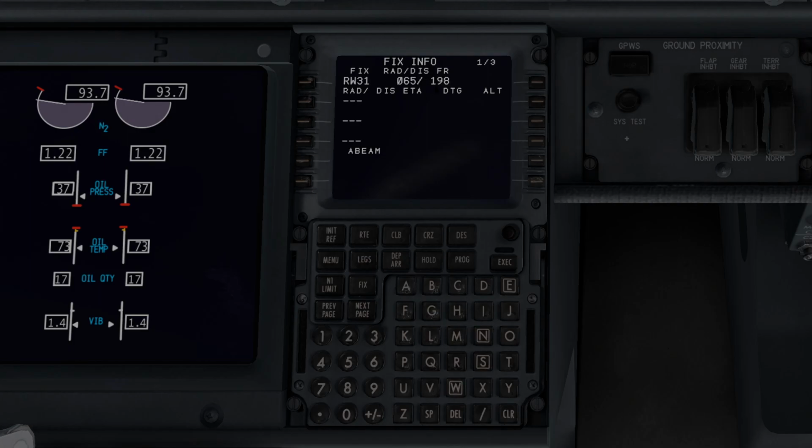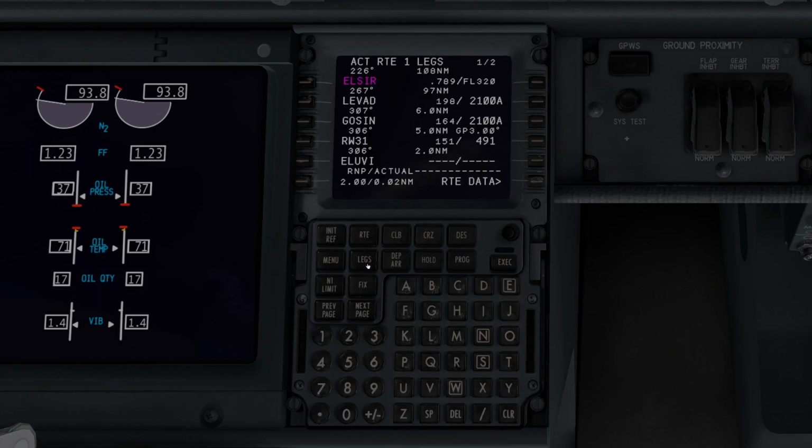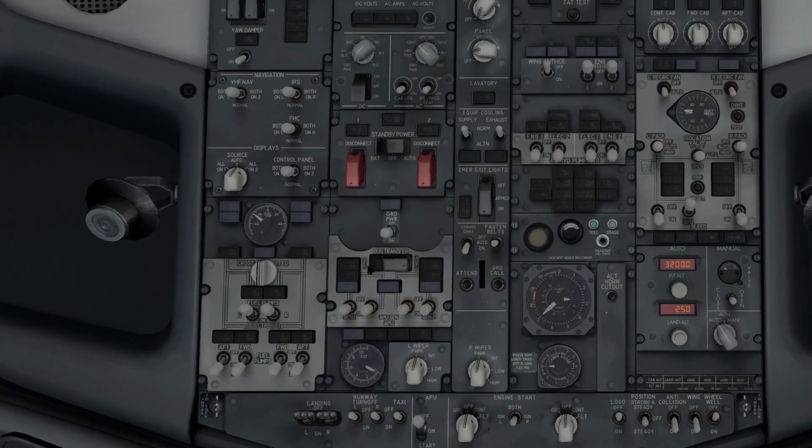Under 98 nautical miles, and 1 ring at 4 miles, second ring at 10 miles, and the third ring at 20 miles. So the airport elevation was 496, so let's say 500.